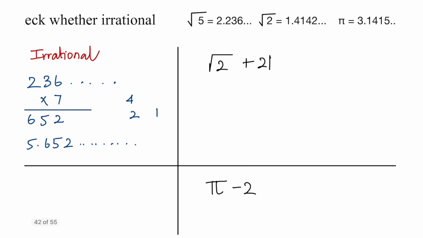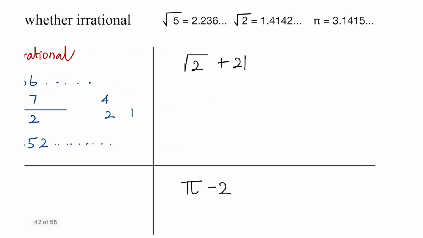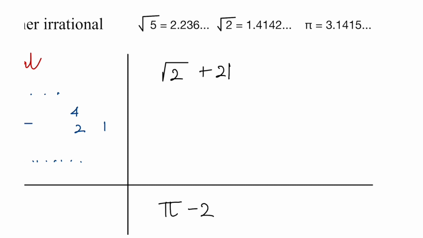Now we move to the next subdivision here, which is root 2 plus 21. We have been given the value of root 2 here, which is 1.4142 and so on. Obviously we know for sure that root 2 is irrational in nature because it is non-terminating and non-repeating.